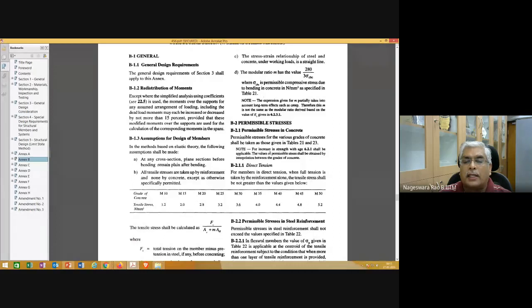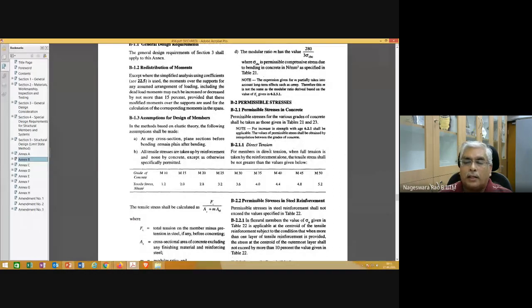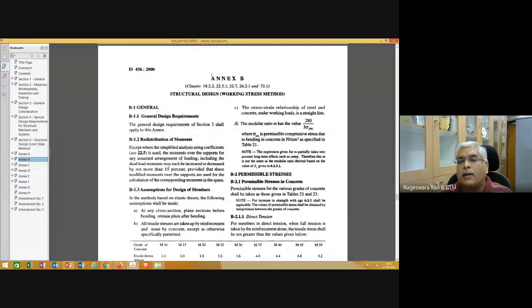So let's note a few more points. We are focusing on Annexure B of IS 456-2000, assumptions for design of members.